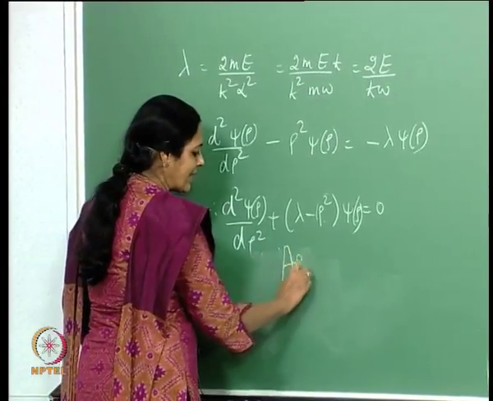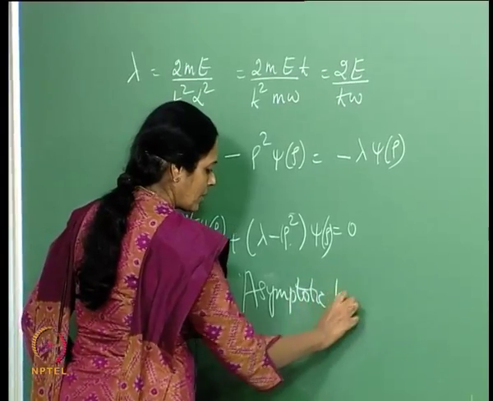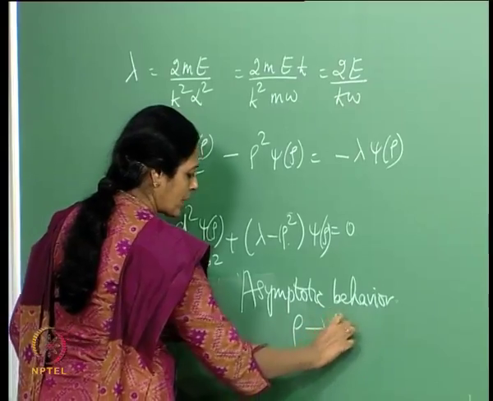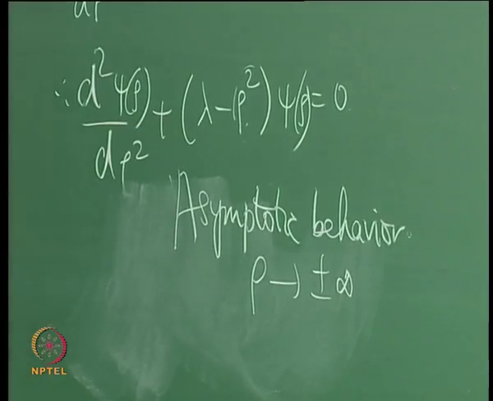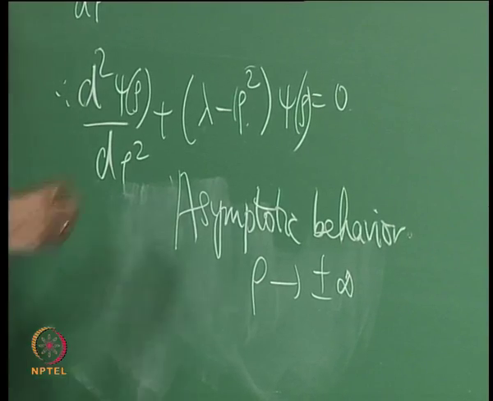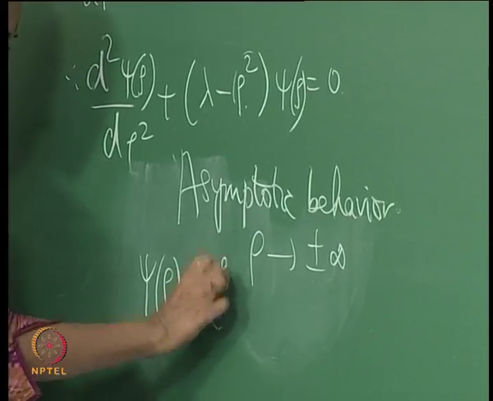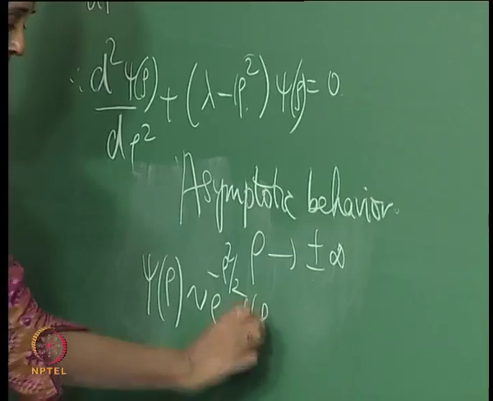So in order to study asymptotic behavior, I might well take lambda to be 1, and if I did that, I can see that psi of rho should go as e to the minus rho squared by 2, apart from other functions of rho.